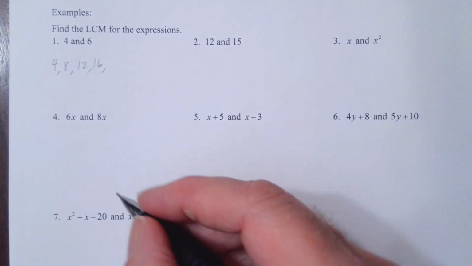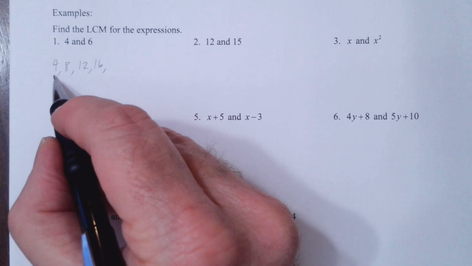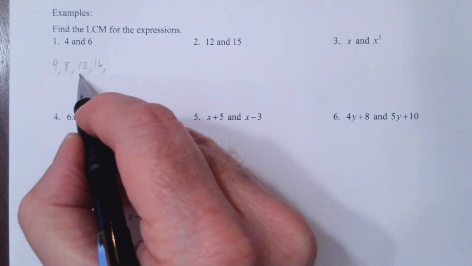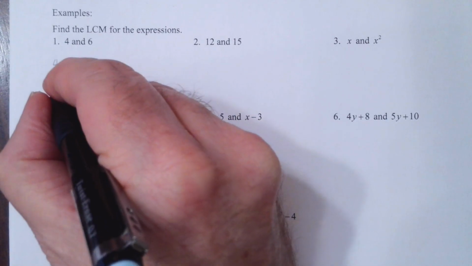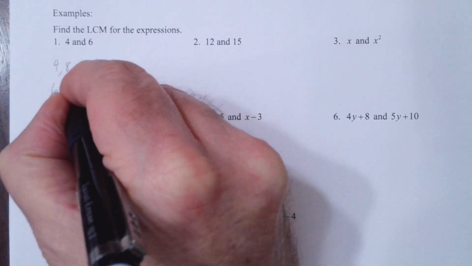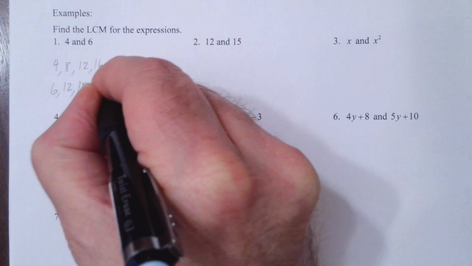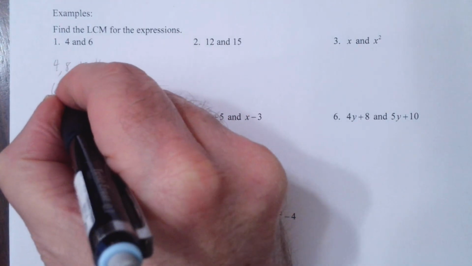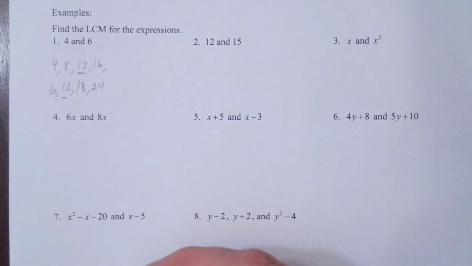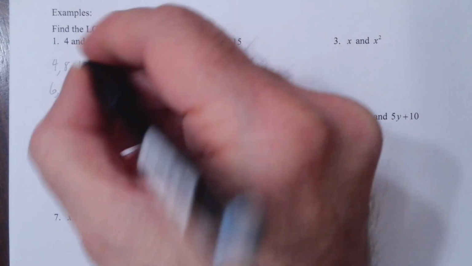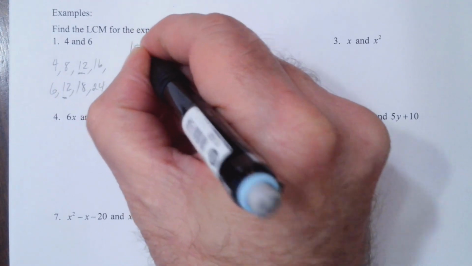We just keep adding 4, or you could think of it as 4 times 1, 4 times 2, 4 times 3, and so on. The multiples of 6 are 6, 12, 18, 24, and so on. Notice 12 is the first one in the list, the smallest multiple that these two numbers have in common. That's what we mean by the least common multiple. So our LCM is 12.